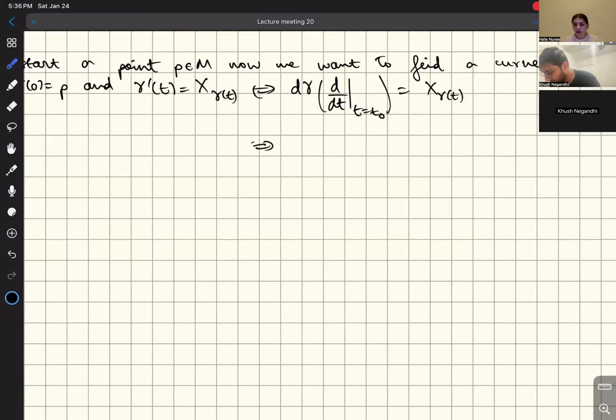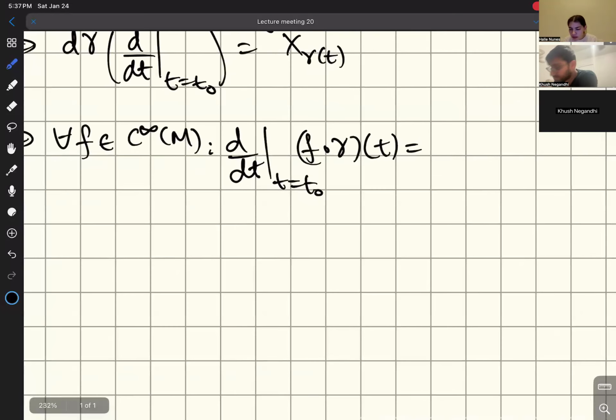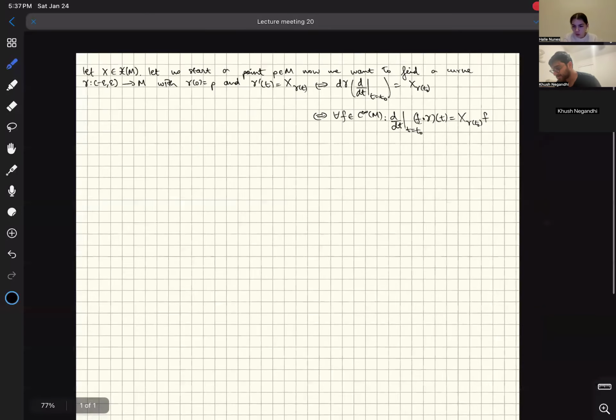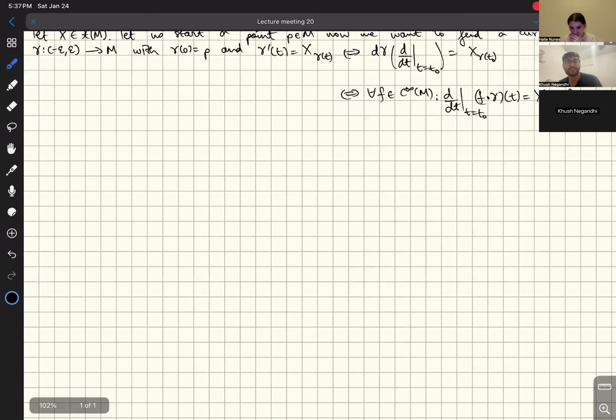Another way to write this would be that for all f in C infinity of M, we have that d by dt at t equals t naught of f composed with gamma at the point t is equal to X of f at gamma of t naught. These are just the various ways to write the derivative. That's all we've done. We've written the derivative in three different ways.